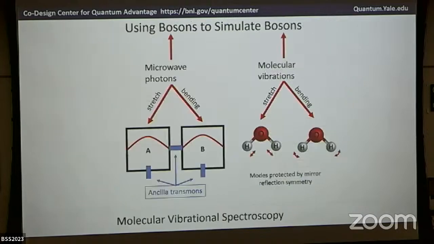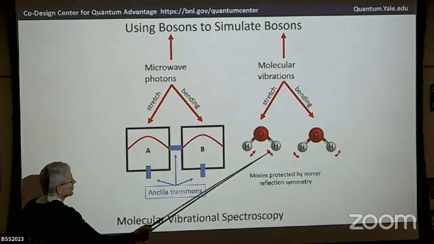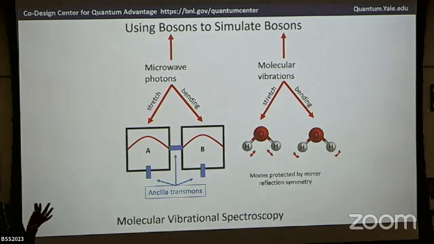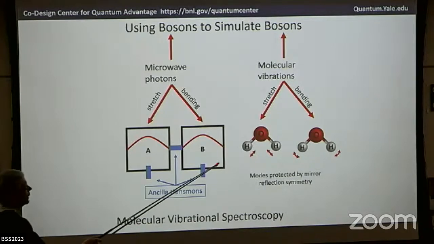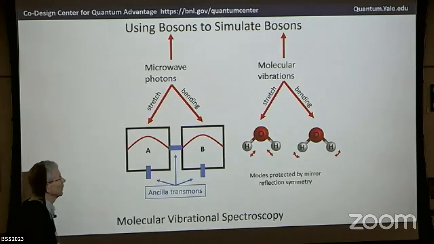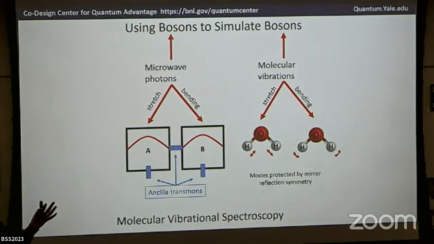Okay. All right, so now how are we going to do a simulation involving two modes? I have my triatomic molecule, I have the symmetric stretch, I have this bending mode, and the two modes are protected from mixing with each other by the mirror symmetry, the reflection symmetry. They have quanta in them, the stretch quanta and the bending quanta. They're at some crazy frequencies determined by chemistry.